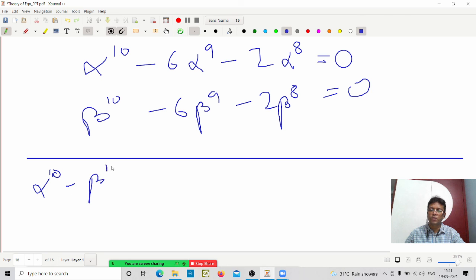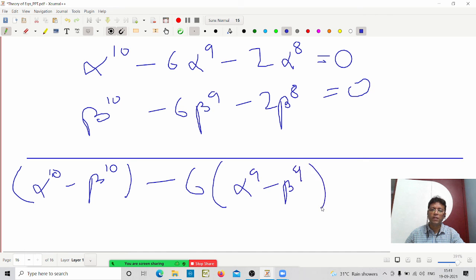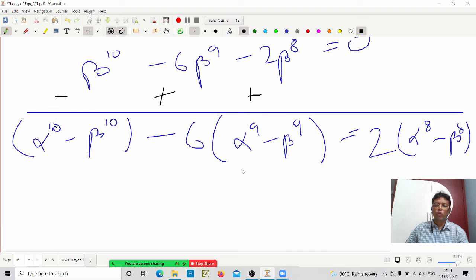Okay, so if you subtract, subtracting the second from the first, alpha to the power 10 minus beta to the power 10 minus 6 times alpha to the power 9 minus beta to the power 9, that is equal to 2 times alpha to the power 8 minus beta to the power 8. So this is after subtraction.